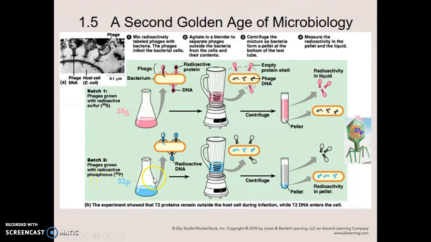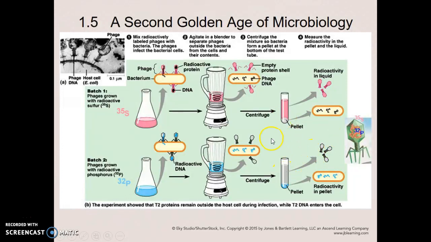And the second one, when they had the radioactive DNA and they allowed the viruses to infect the bacteria, they then got rid of the viral capsids from the bacteria using the blender. They centrifuged it, producing a solution with a pellet at the bottom. And in this case, the pellet was what was radioactive. The capsids were not.